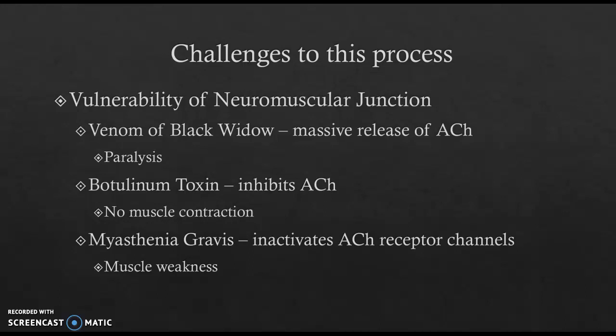All three of these have different vulnerabilities from the neuromuscular junction's perspective, but one of the things that is common between all of them, and really common between most neuromuscular junction toxins or chemical problems that come into play, is that the respiratory system, our breathing system, relies on our diaphragm, which is a muscle, to contract and relax in a coordinated, regular movement in order for us to breathe.